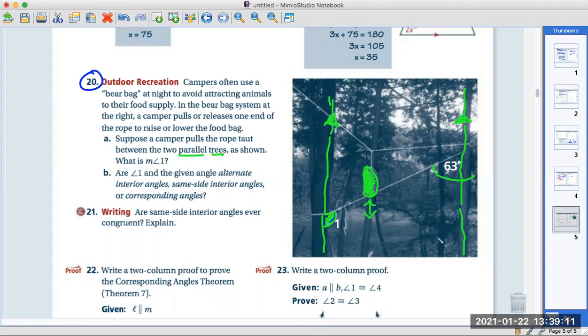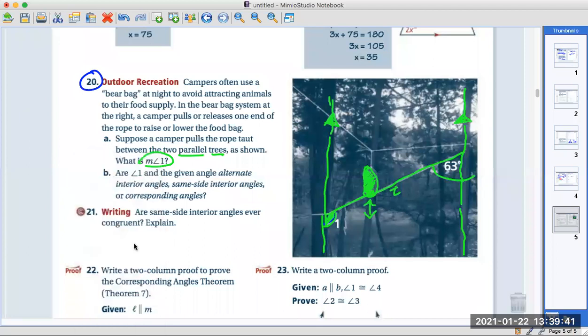I didn't see that. They are parallel. What is the measure of angle 1? So that's pretty easy. Here's your transversal. So easy. I see it. Now your job is to say how big it is. And then in B, you have to say, are these angles called alternate interior, same side interior, or corresponding? That's the second part.